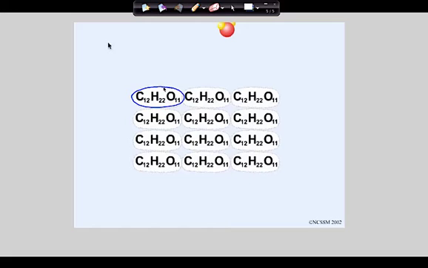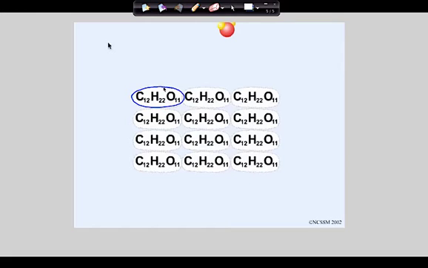C12H22O11 in this case. This is table sugar. And so guys, each of these molecules occupies one of these points in the crystal. So it's not like we've got alternating carbons and hydrogens and oxygens. Each of these points in a sugar crystal represents a big old honkin' sugar molecule.